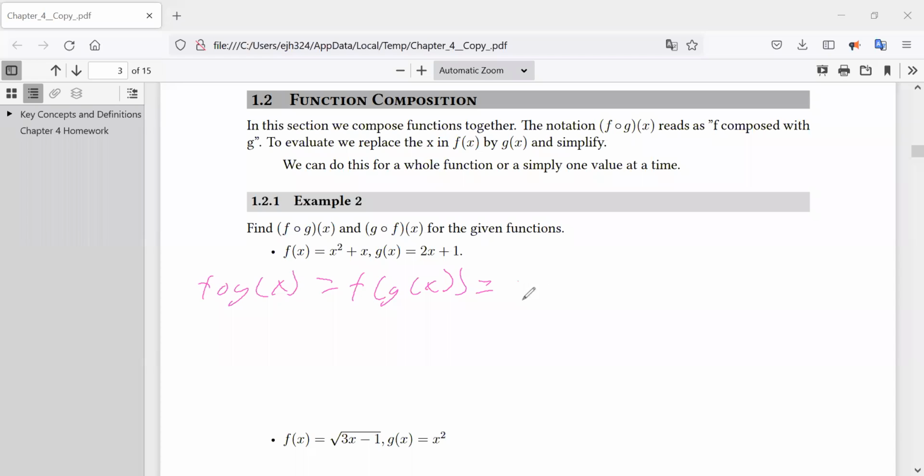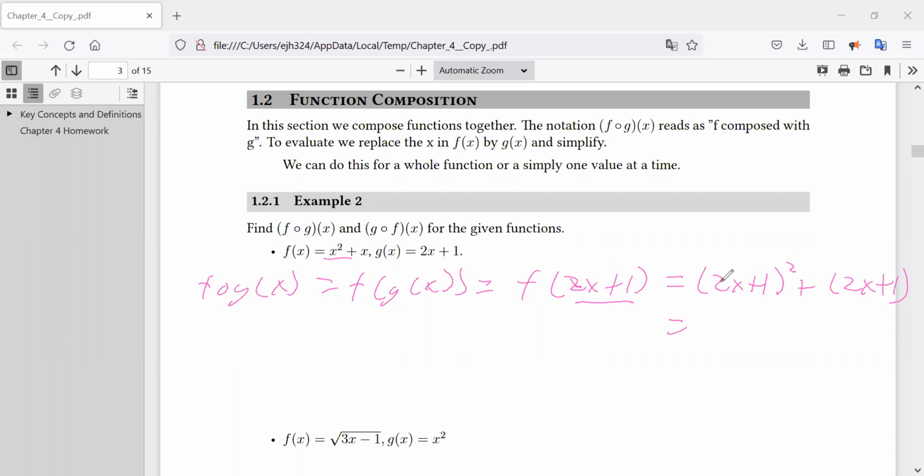That's going to be f of 2x plus 1, which is equal to, everywhere where we see an x, we replace it with 2x plus 1, remember? So that's going to be equal to 2x plus 1 squared plus 2x plus 1.